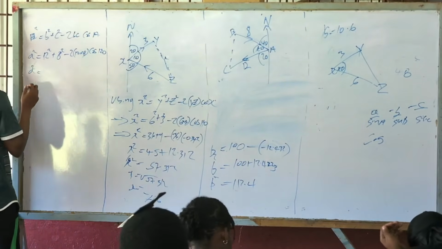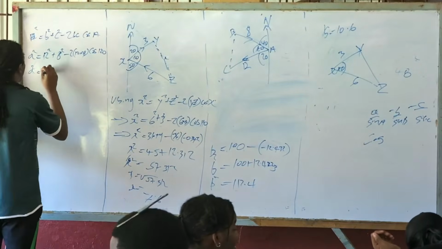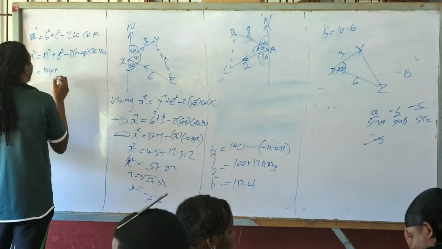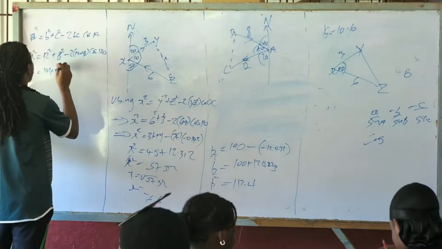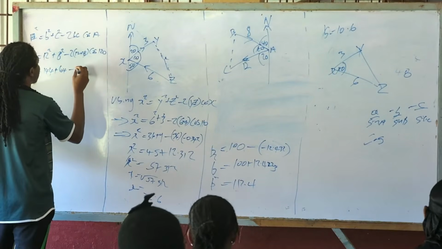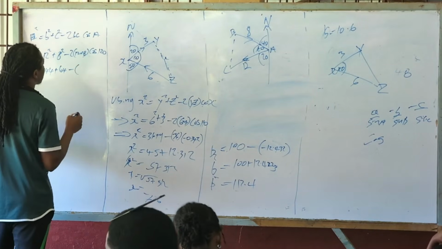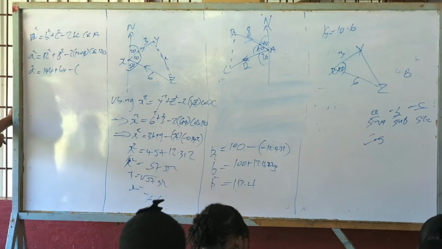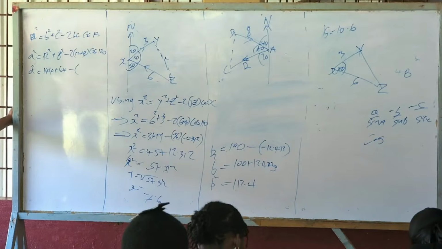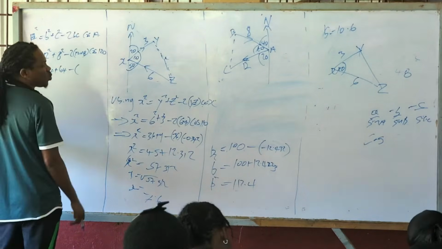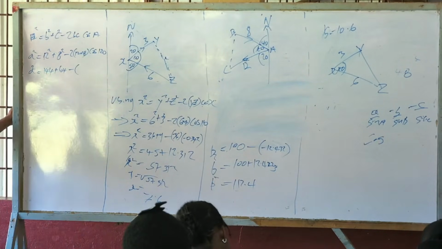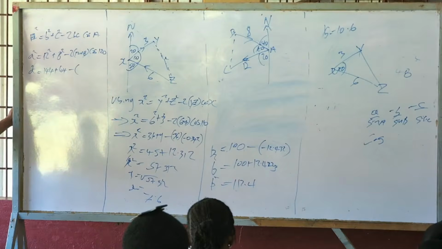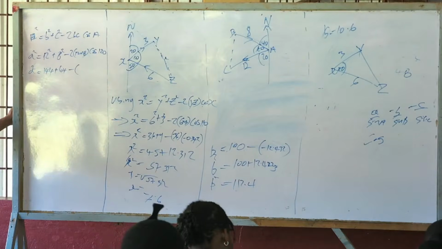A squared equals 144 plus 64 minus 12 eights, 96 times 2, 192.